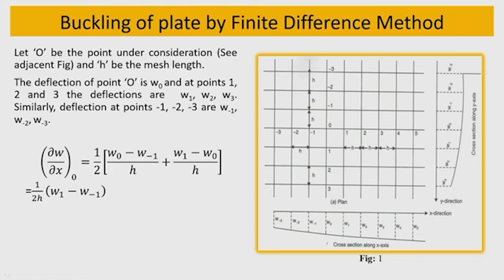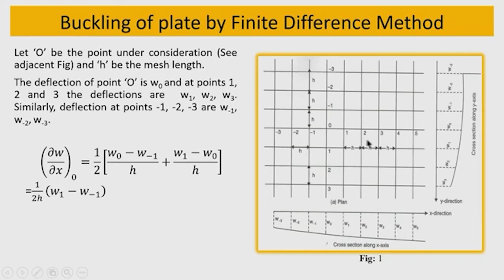Okay. So, now let us consider the deflection of point O, that is node O or 0 whatever you call, is W naught. And at points 1, 2, 3 the deflections are W 1, W 2, W 3. And in the backward direction, that is towards the negative x axis, it is minus 1, minus 2, minus 3.